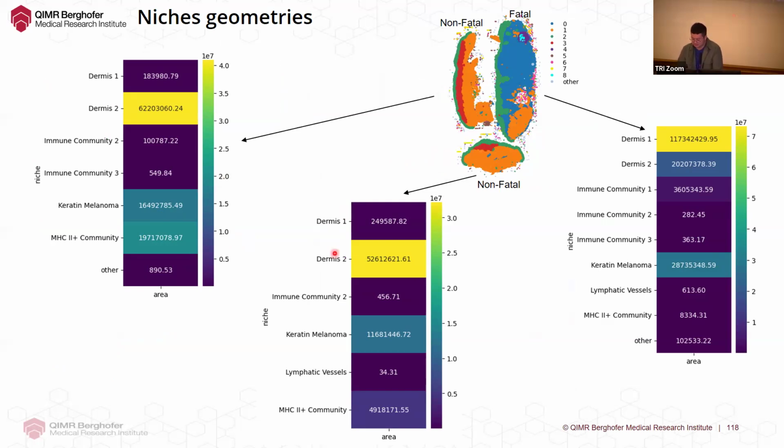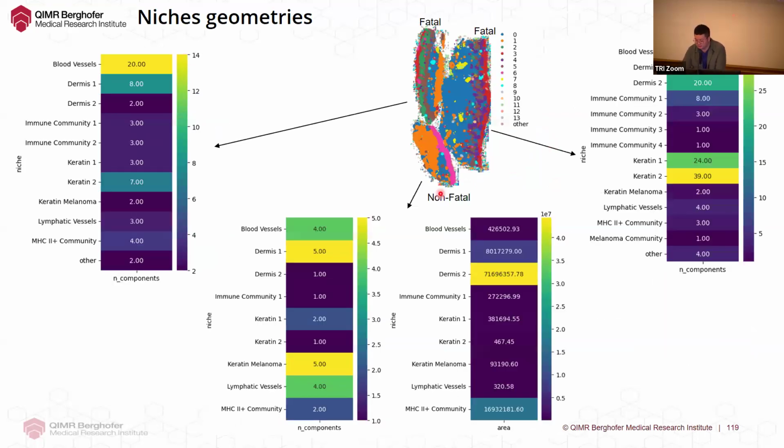In this case, we can see this MHC class 2 community has a larger area in the non-fatal sample compared to the fatal sample. And in another slide, we can see there are more blood vessels in the fatal sample compared to the non-fatal sample, which may suggest vascular invasion of the melanoma.